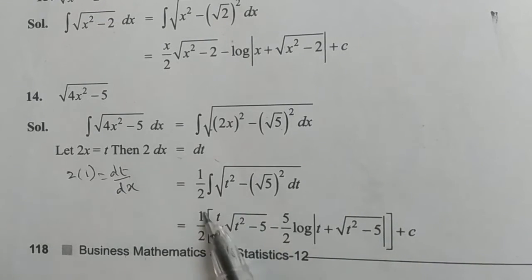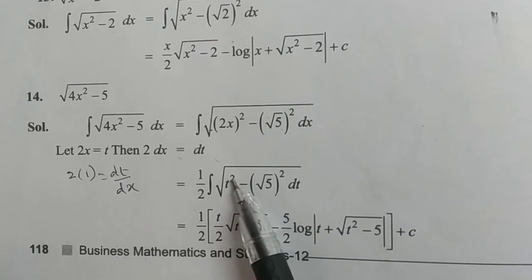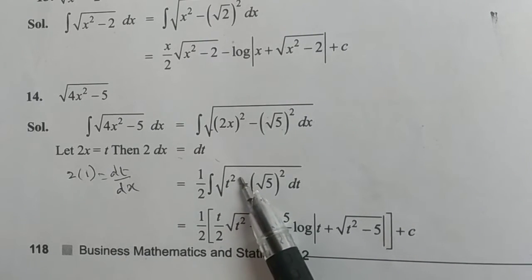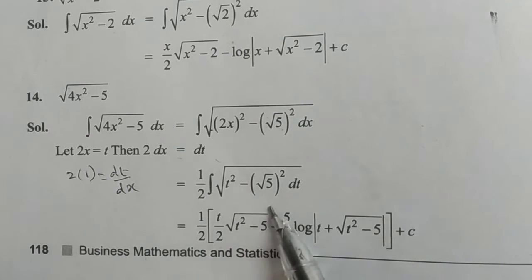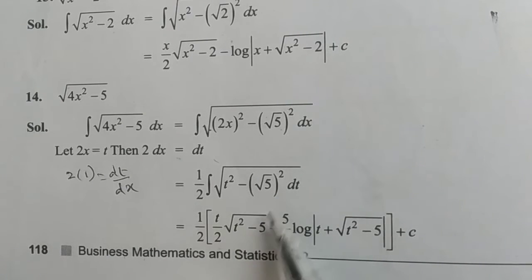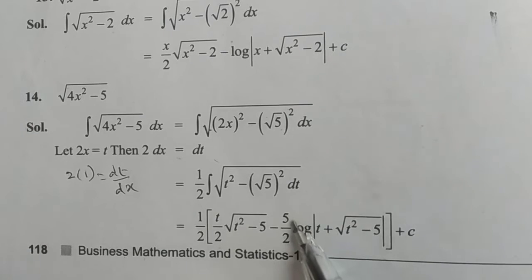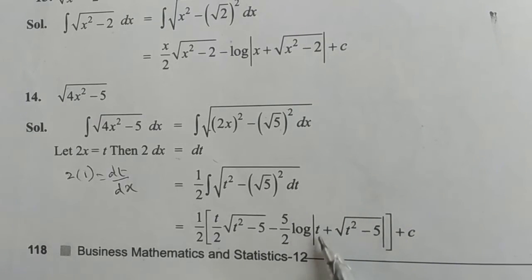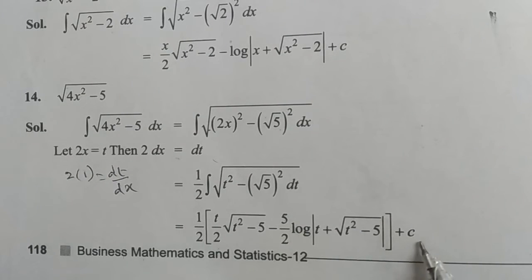Finally we get 1 by 2 times t by 2 square root of t square minus a square, where a square value is root 5 the whole square, which is 5, minus 5 by 2 log modulus of t plus square root of t square minus 5, plus c.